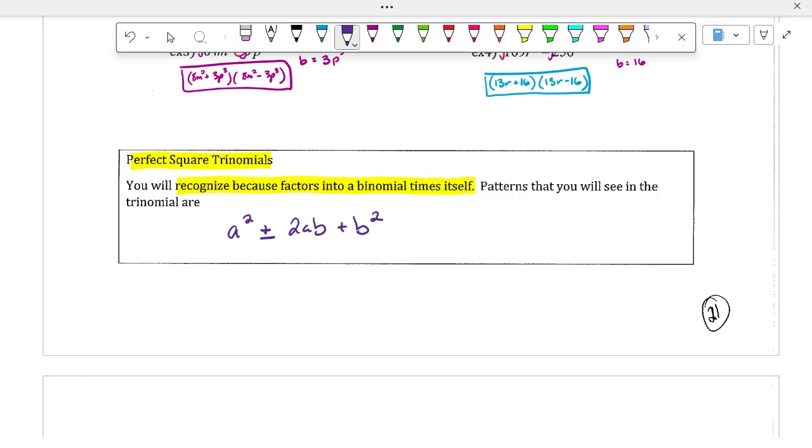That's the formula. The reason I put plus or minus is sometimes it's a positive, sometimes it's a negative. The way it factors is a plus or minus b all squared. Because remember, that's the same thing as a plus or minus b times a plus or minus b.